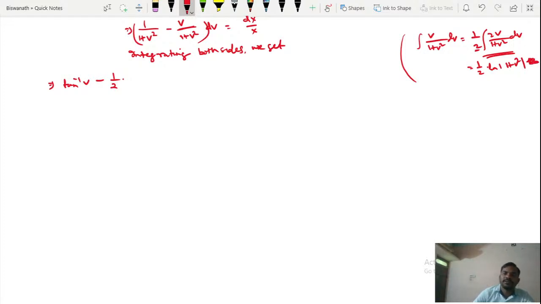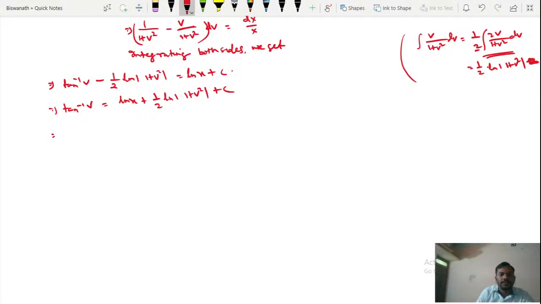So this is half ln 1 plus v square, with the minus sign here, and on the right hand side the integration of dx by x is ln x, then add the constant c. So your tan inverse v equals ln x minus half ln 1 plus v square plus c, and you know what your v is?